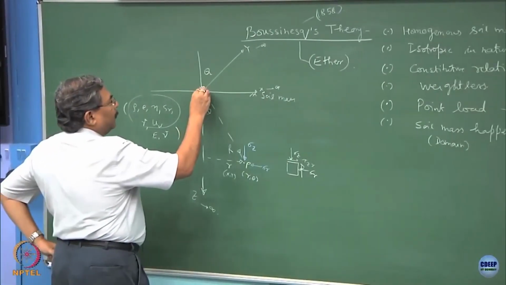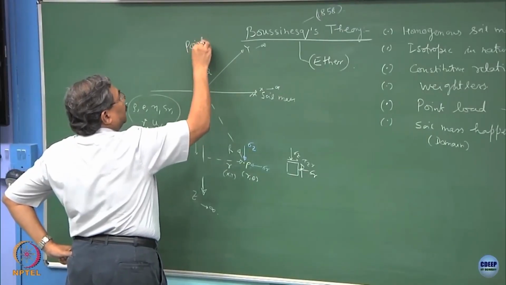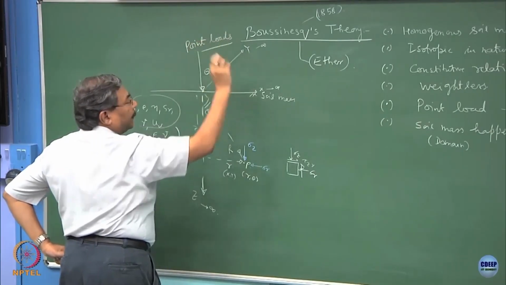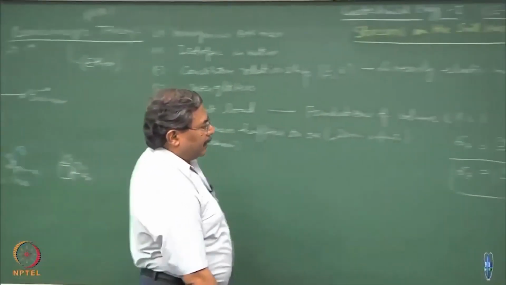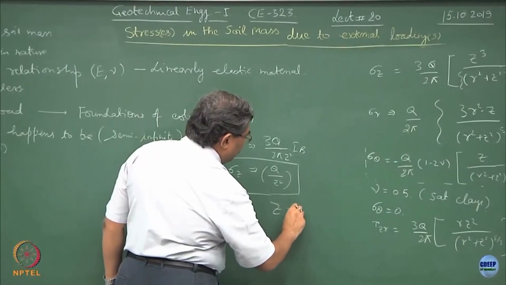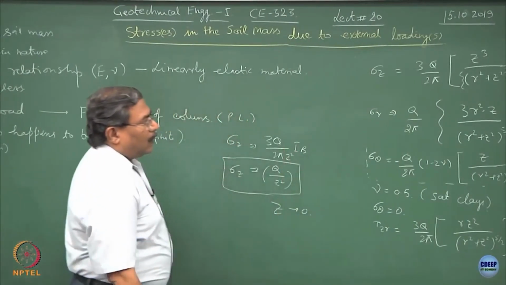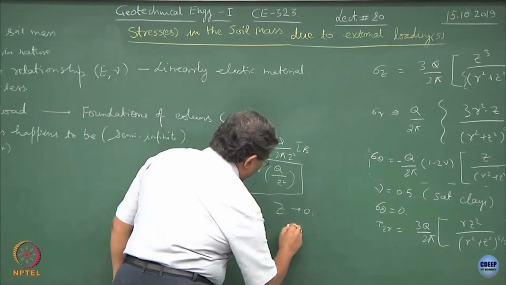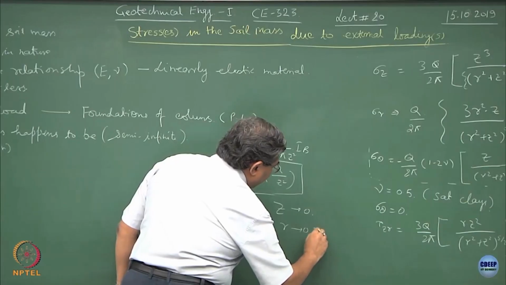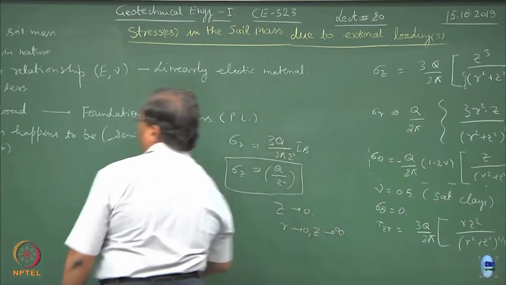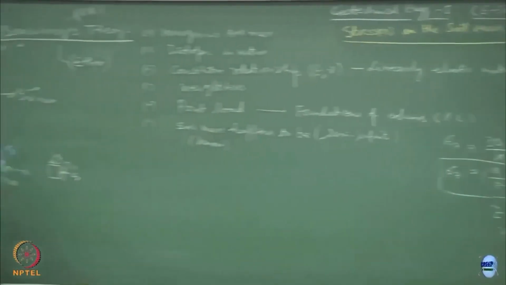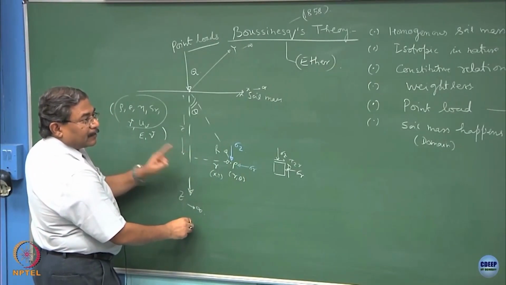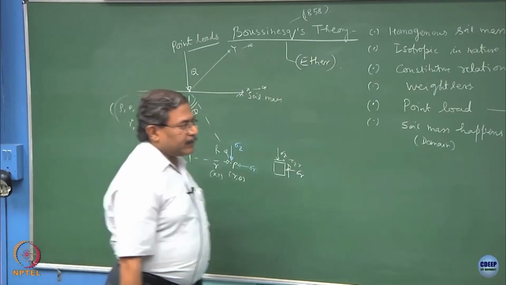See, we started with the point load because the Boussinesq's equation is for the point loads. Now, suppose I say that z tends to 0, or for that matter, let us say I said r tends to 0 and z tends to infinity, where this point would be? R tends to 0 means on the z axis and z tends to infinity. This is one of the situations in which I will be interested.